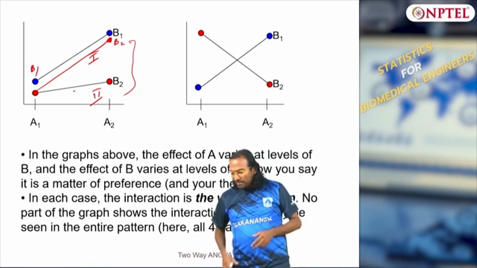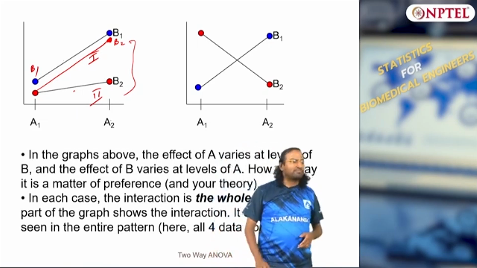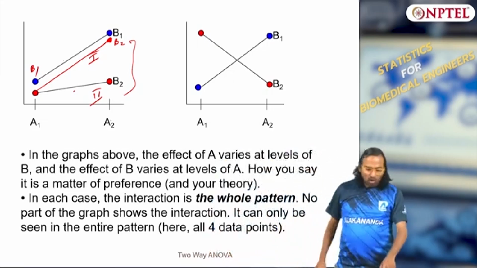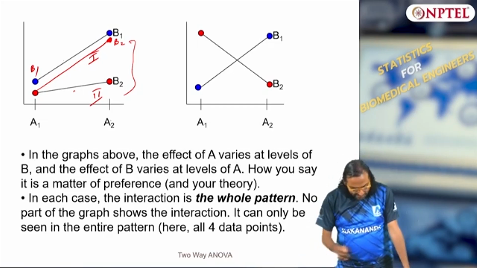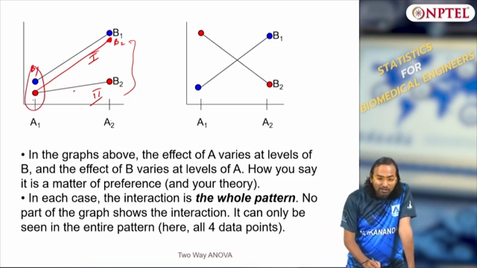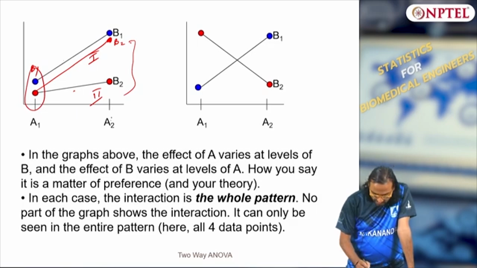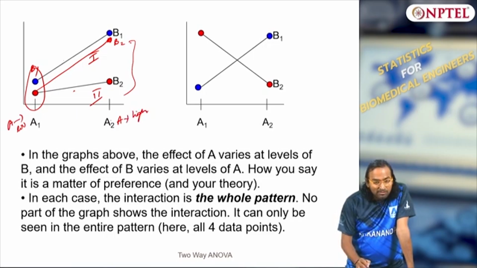How do you even think about interactions? Look at the first region: there is a lower level of A1 and a lower level of B1. A is at low level, B is also at low level. Then A is at high level, A has increased, and B has also increased.